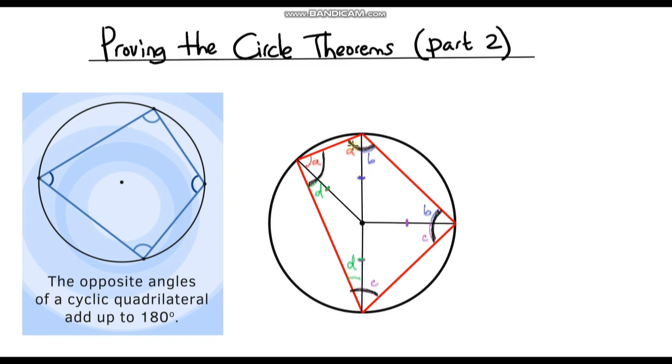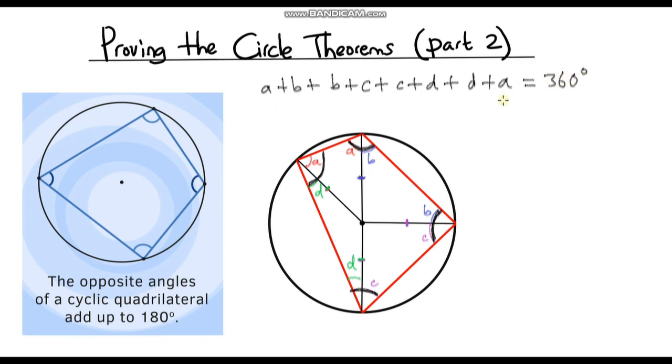So we can write an expression for these angles. This angle here is A plus B. So A plus B, plus B plus C, plus C plus D, plus D plus A. So when we sum those together, we get 360 degrees.